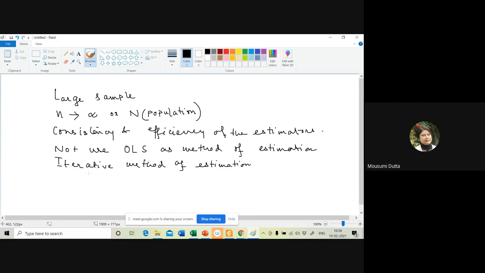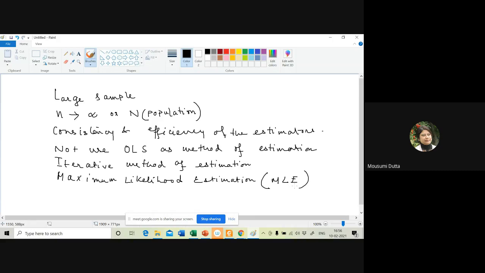Generally, we will use the maximum likelihood estimation technique. So we will use the maximum likelihood estimation technique.